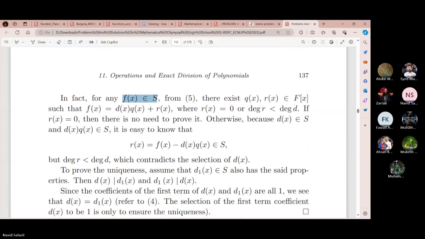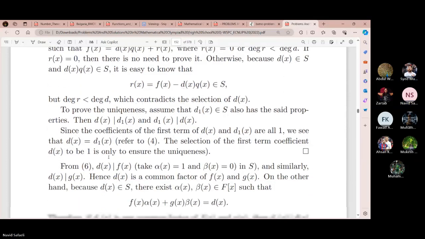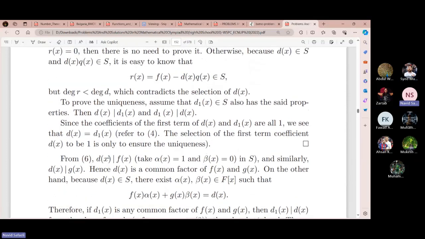Indeed, let f be a member of S. We can divide f by d. So r is either 0 or deg of r is less than deg of d. If r is 0, we are done. Otherwise, because d is in S, d times q is in S, and f is in S, their difference r would be a member of S, but the degree of r is less than the degree of d. So this is a contradiction.